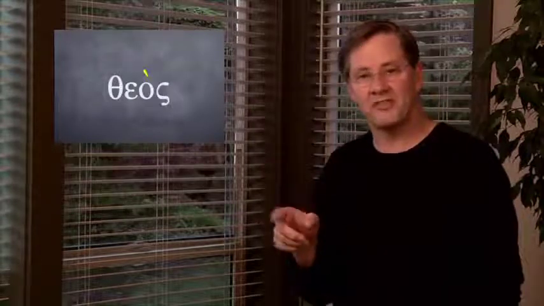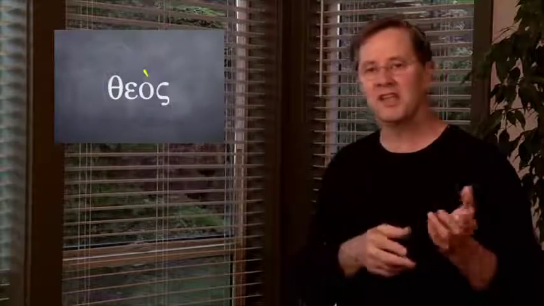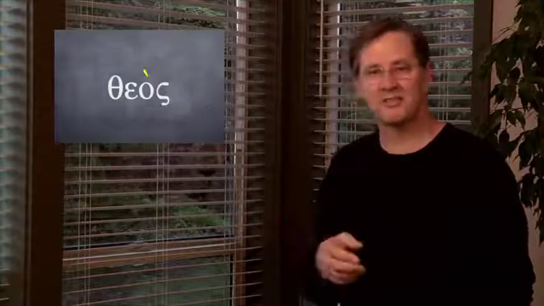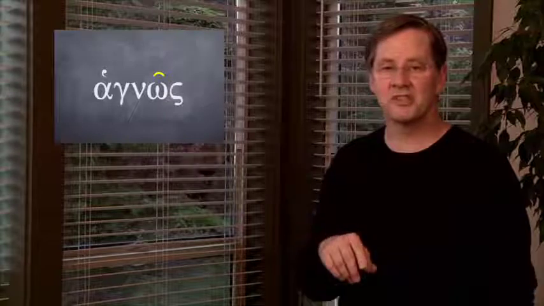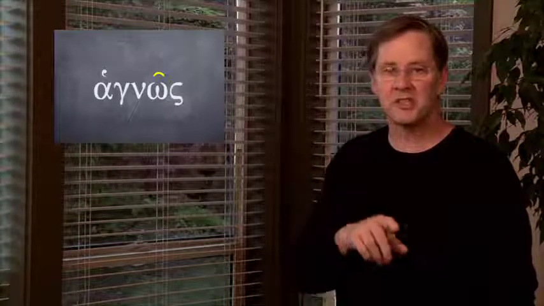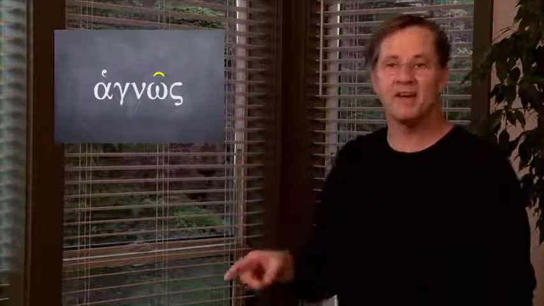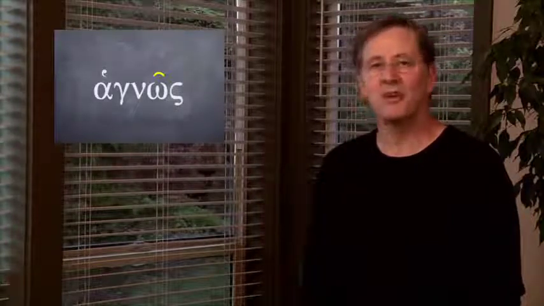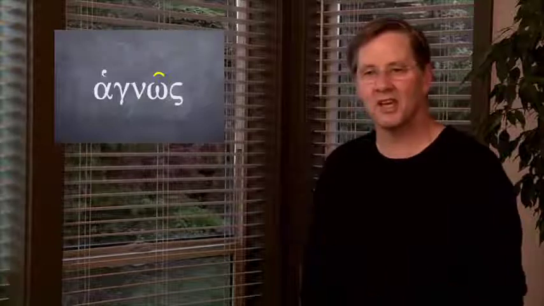The grave is the accent that goes down, originally indicated a drop in pitch, and so we say theos. And then there's the circumflex, which indicated originally a pitch that would go up and down. You can see that in the shape of it, right? And so we say hagnos. Okay, so aiteo, theos, hagnos.